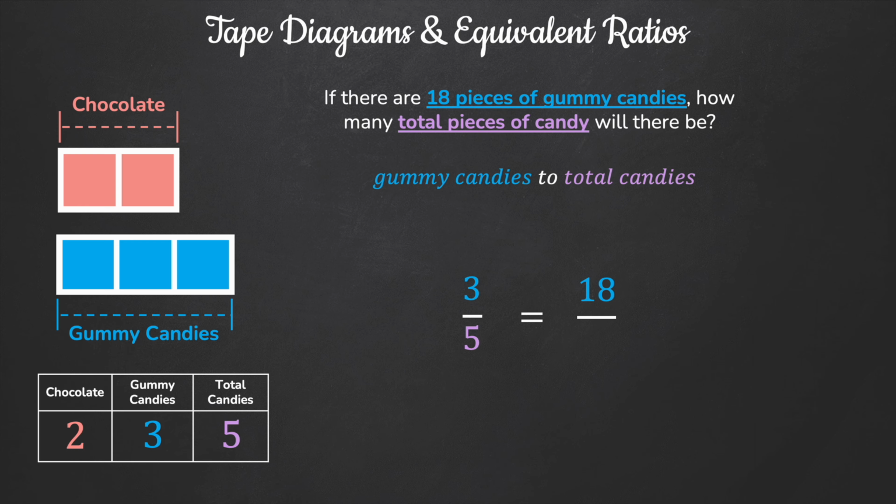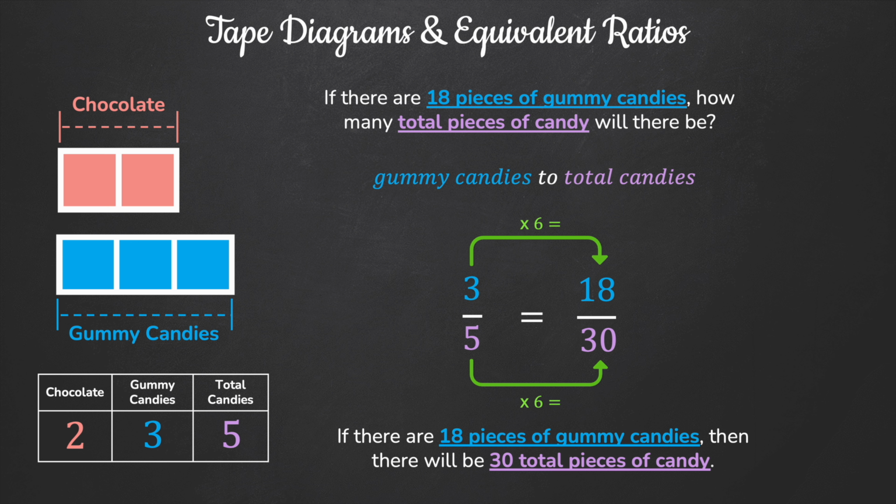So we ask ourselves, what can we multiply 3 by to get 18? We can multiply 3 by 6 to get 18. So we're going to go ahead and multiply 5 by 6 as well. 5 times 6 is equal to 30. So if there are 18 pieces of gummy candies, then there will be 30 total pieces of candy.